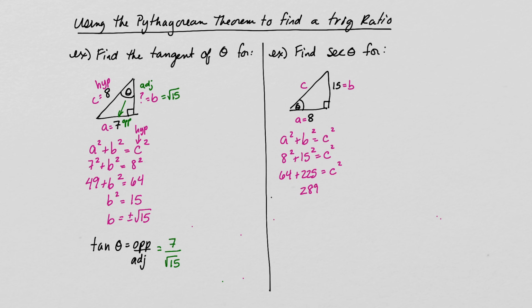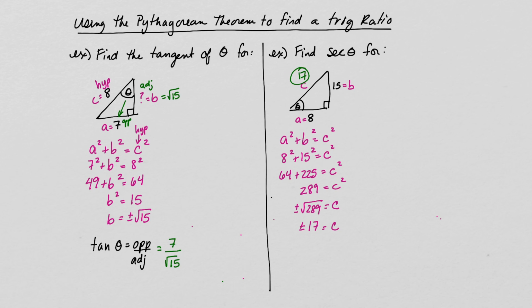So 289 is equal to c squared. So c is going to be plus or minus the square root of 289. 289 is actually a perfect square. So c is plus or minus 17. And again, because we're dealing with just a triangle, it's not in an xy plane yet, we're going to say this is going to be 17.